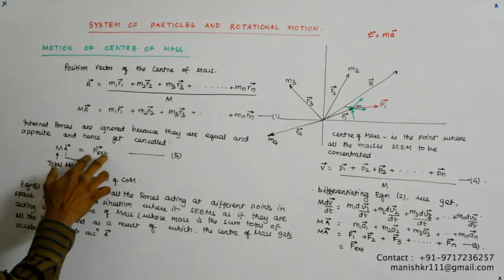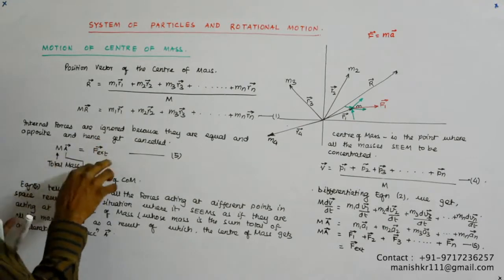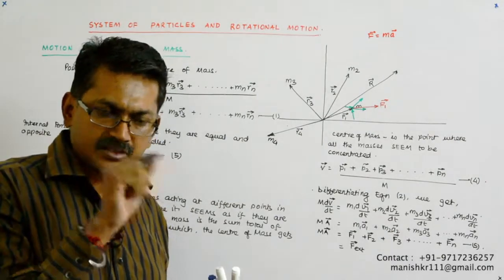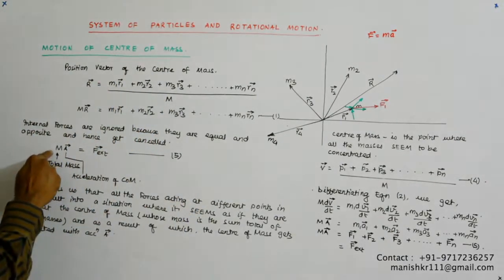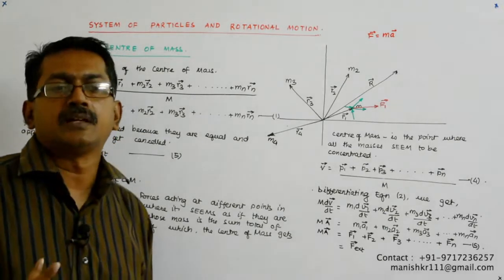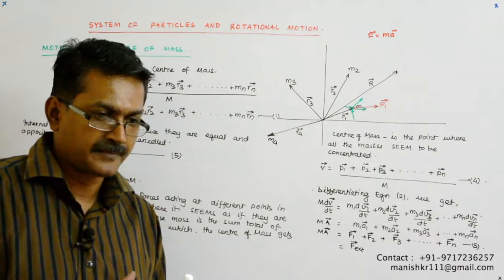This equation tells me that the whole of F external is acting at one point. What is that point? That point is the center of mass. What is the mass of that point? Capital M. What is capital M? Capital M is sum of all the masses.